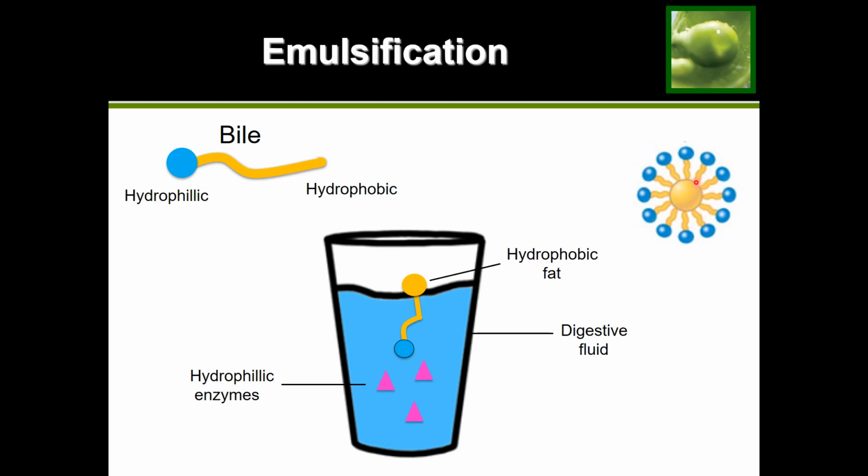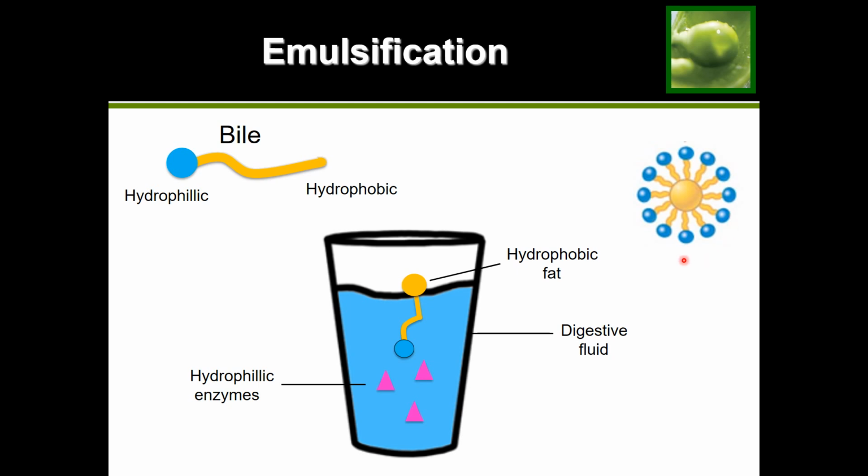So again, we have fat on the inside, and we have all of these parts of bile that are latching onto the fat. Again, they will latch on with the hydrophobic end, and that leaves the hydrophilic end on the outside. When fat is completely surrounded by bile like this, what we have is a fat that actually has a hydrophilic outer layer.